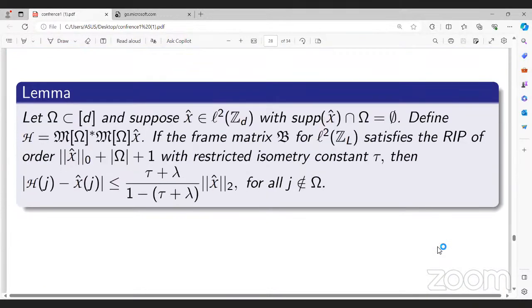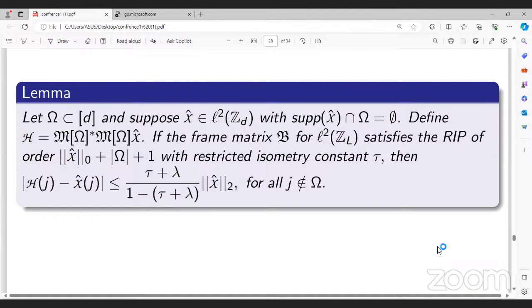The next lemma shows that if omega is a subset of D and suppose that x cap in L2(Z^D) is such that the support of x cap is disjoint from omega, then we define h as the matched matrix M omega star M omega x cap.